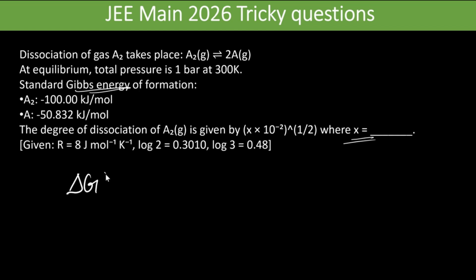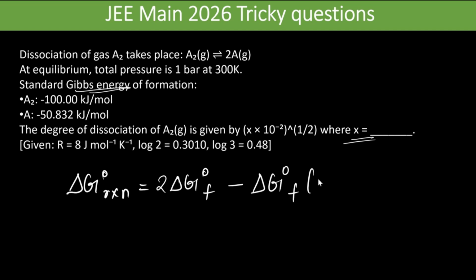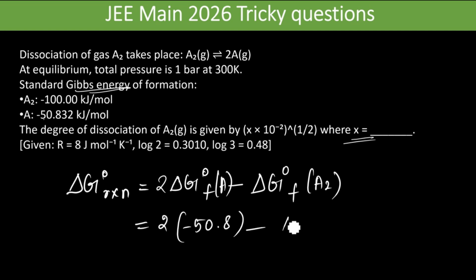So delta G naught of reaction, for A2 giving 2A, is 2 delta G naught formation of A minus delta G naught of A2. Substitute the values: 2 into A, that is minus 50.8, minus this value, minus 100.